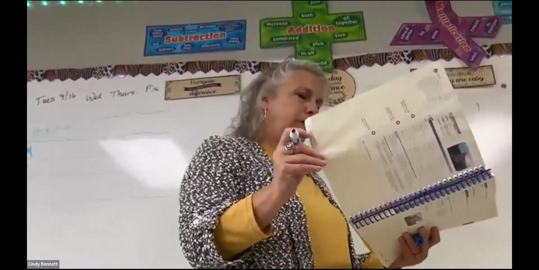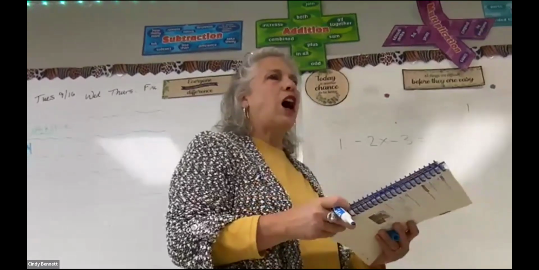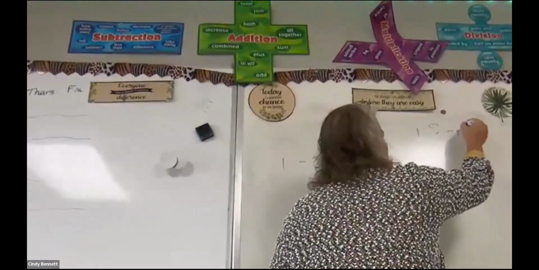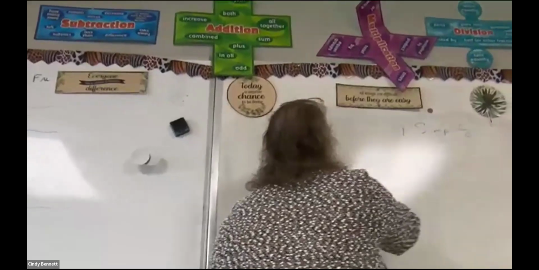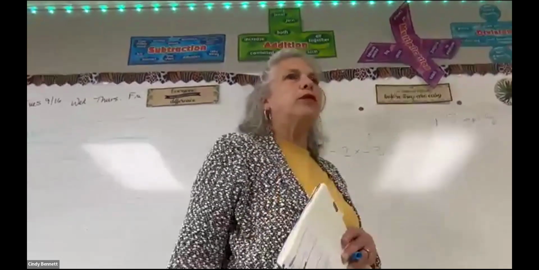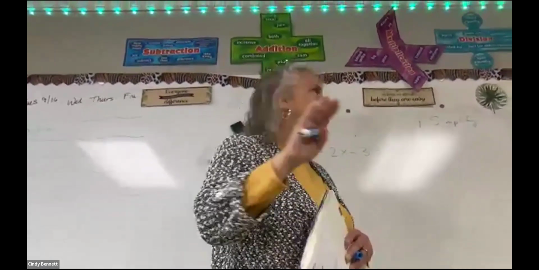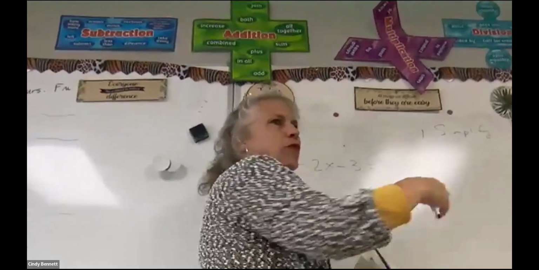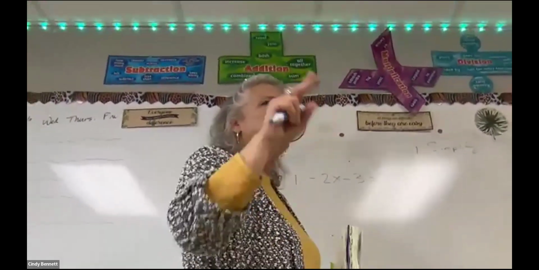Number 1, simplify each side of the equation. If there's anything that you can put together, now this one, I don't have any numbers I can put together. It's pretty simple, it's simplified. But like say I had 7 times 3 here, I would do 7 times 3 first. So that's the first rule.